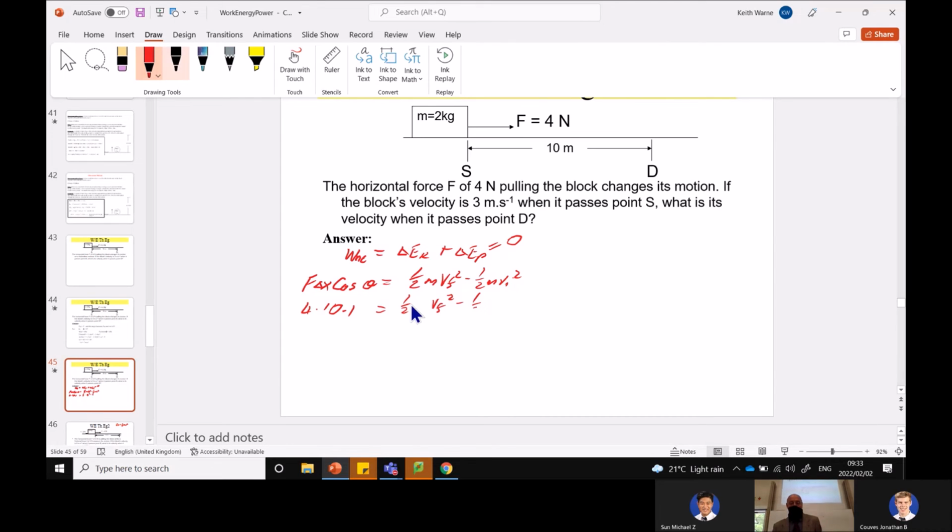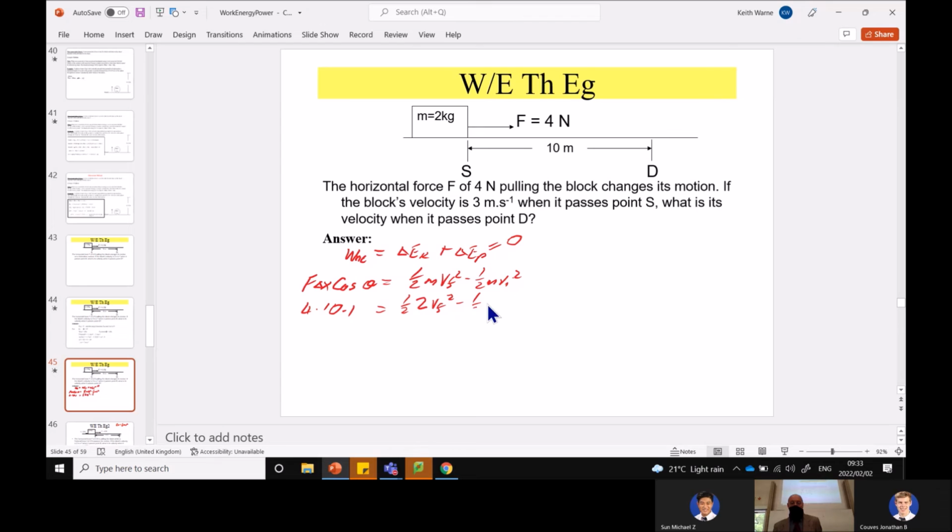So why is the EP net 0? Because it's moving horizontally, it's not moving up or down. So half times 2 times the initial velocity, which was 3, squared. You'll see that's exactly the same equation. And when you solve it, you're going to get vf equal to 7.